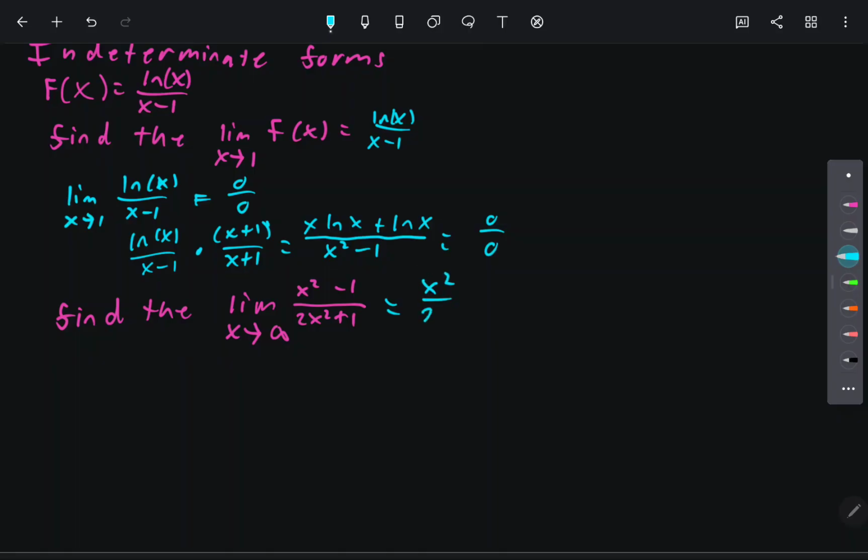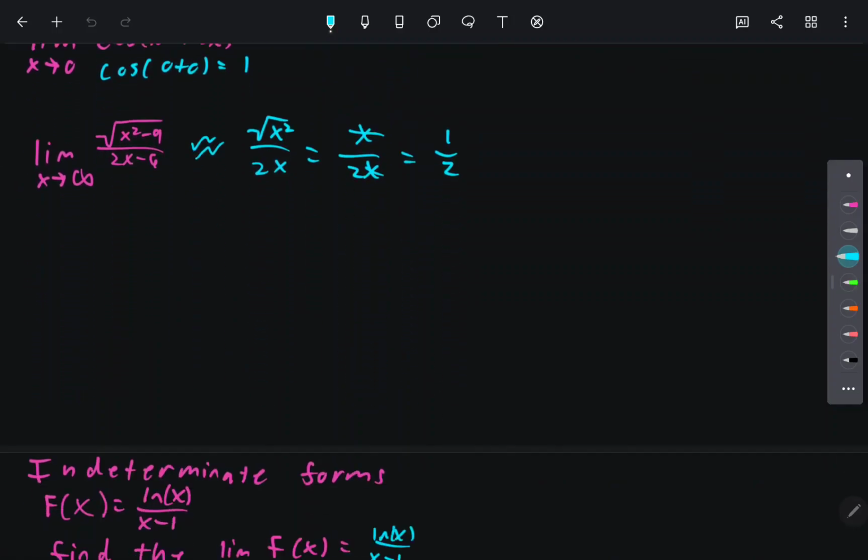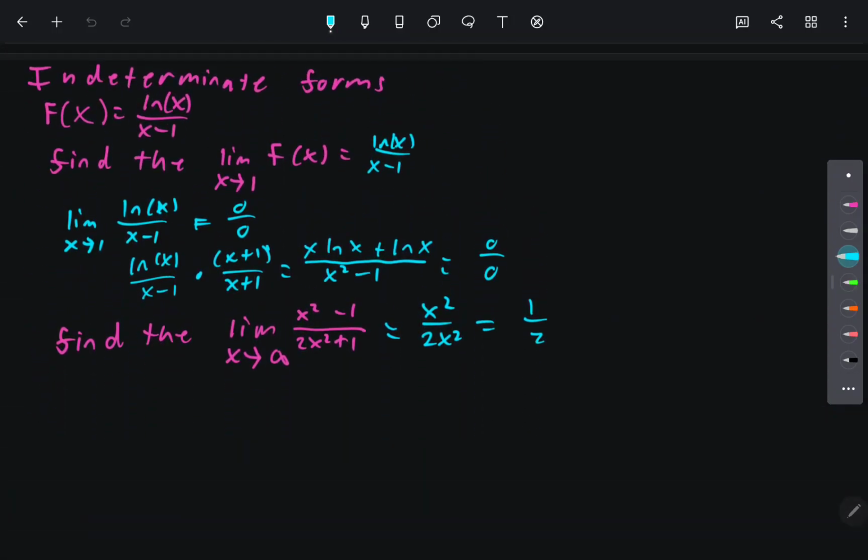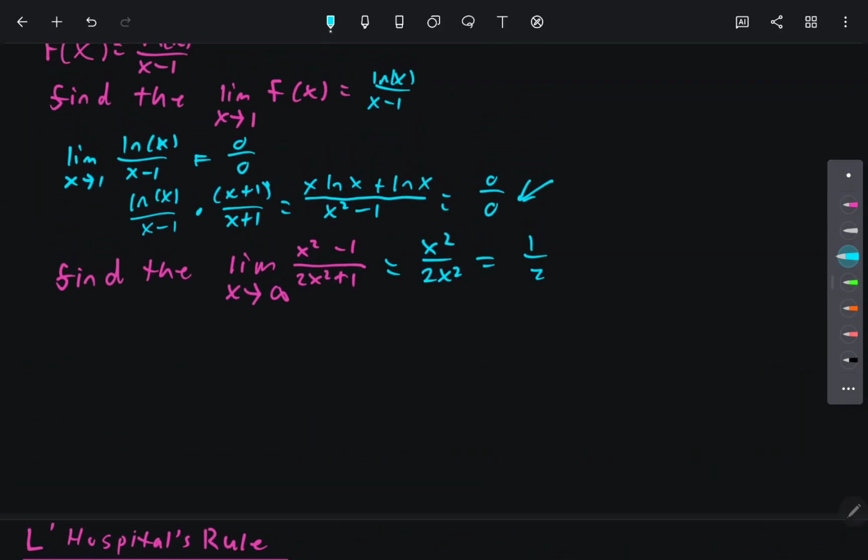So it becomes just x squared over 2x squared, which, interestingly enough, has the same exact answer as our second limit that we did. But there are still some functions out there where we simply just don't have the tools yet to evaluate them. And we're going to acquire those tools in this video.